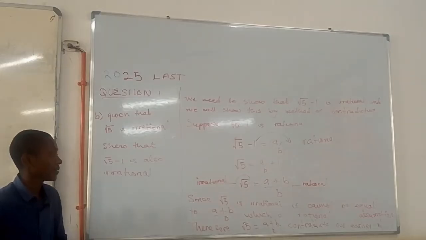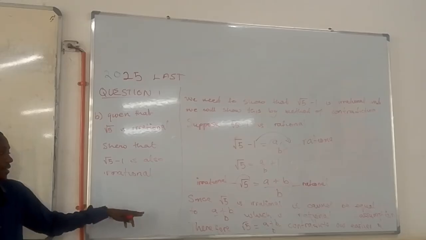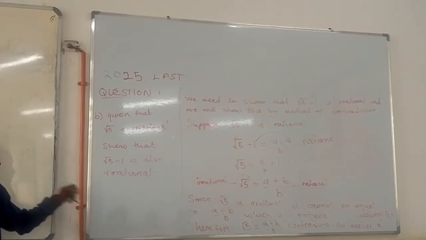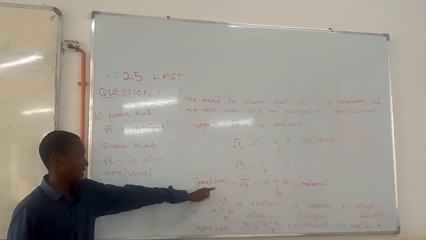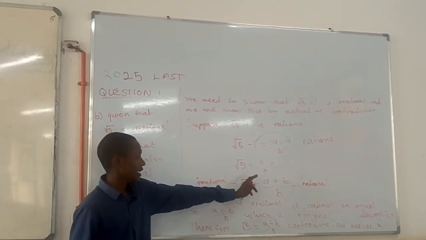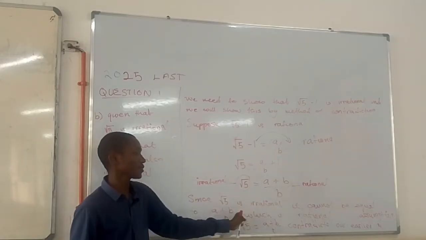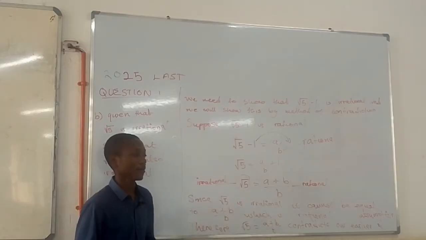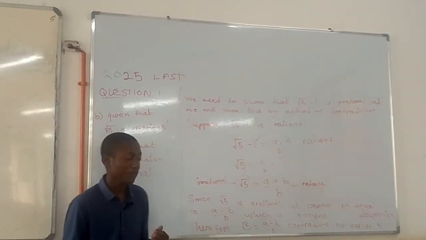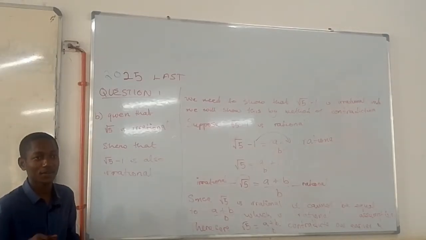I've seen a paper on the solutions where someone said something like root 5 is irrational, and a plus b over b is rational, which contradicts our earlier assumption. So you just need to understand how to finish this.